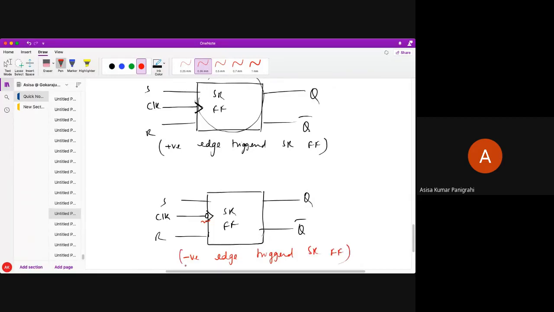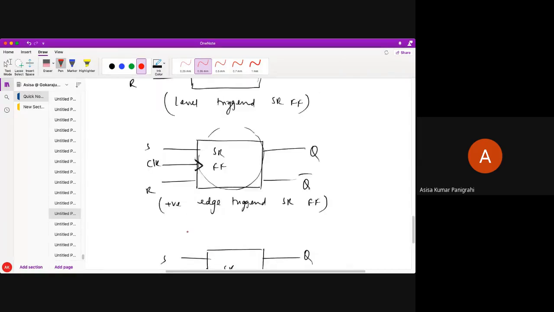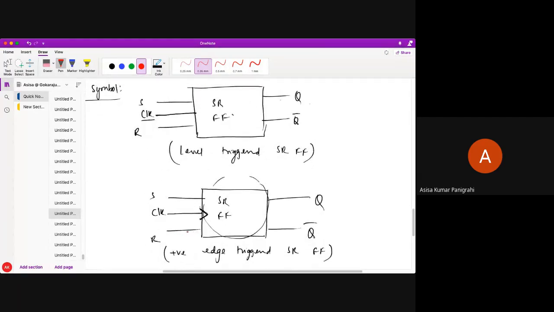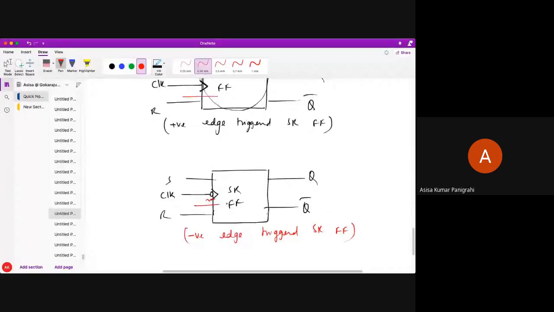Understand, or any doubt on this? So there are three types of designing techniques, three ways of activating the SR flip-flop: one is level trigger, another is positive edge trigger, another is negative edge trigger. Now how it all works, I'm going to tell you, don't worry.